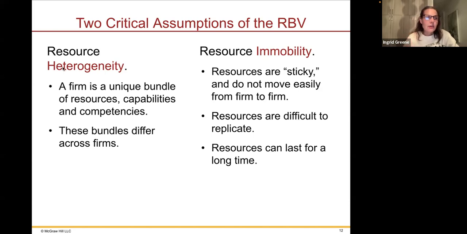So it means that a firm is a unique bundle of resources, capabilities, and competencies. So that's not necessarily always true that they are unique, but in this instance, to move through these ideas, we're going to just assume that they are, and that these bundles differ across different firms. So you can't have two firms that have the same bundle of resources.